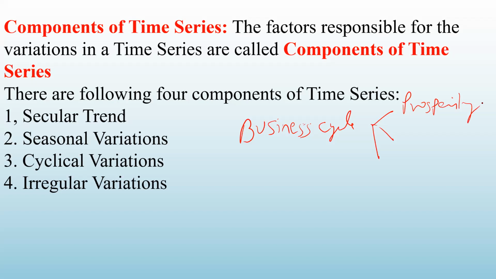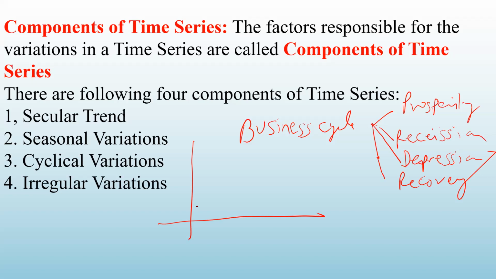Then comes maximum profit, the peak period. After that, there is no more profit, so that is called the recession period. And then there is a depression: suddenly there is a decline in the profit. And then again it will start recovering. So that is the recovery period.